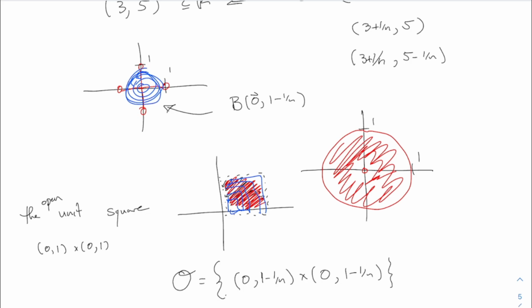You could also use boxes, like rectangular boxes. I saw some people use those. That would be the interval minus 1 plus 1 over n to 1 minus 1 over n, something like this.